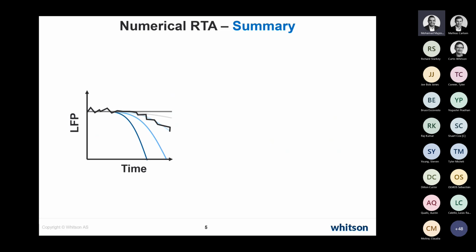When it comes to the numerical RTA, that's the method developed by Brady and Bowie at Apache, and many of you should be very familiar with this workflow as well. Just a quick reminder: again, we plot our production data, rates and pressures, in a certain manner, against a given set of numerical models that we have run. Once we look at the diagnostic plot, the horizontal flat line indicates that we're in infinite acting linear flow.